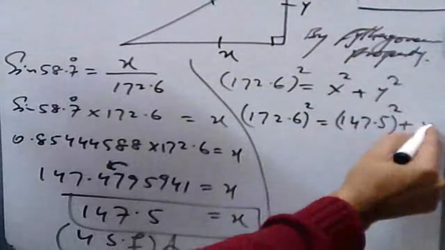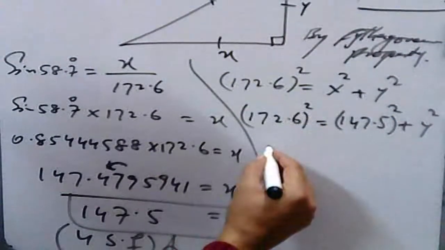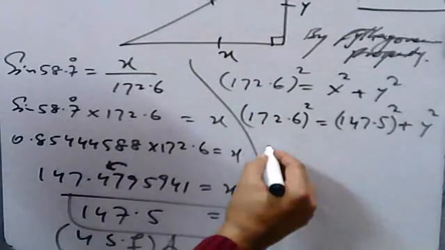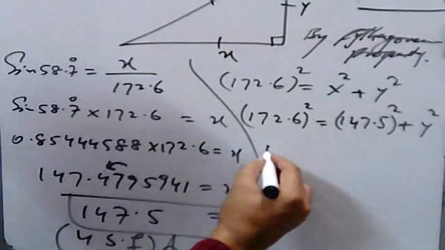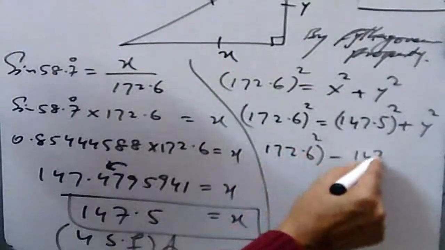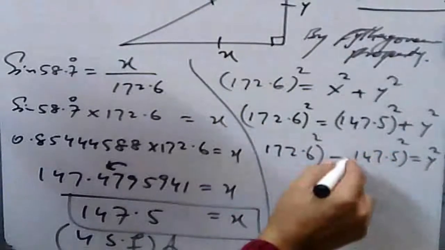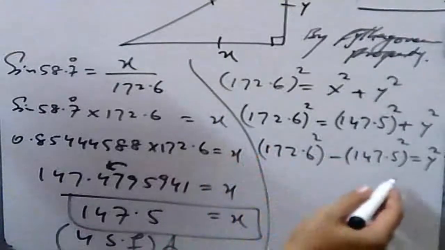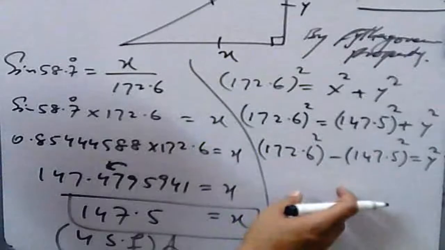Just now you have calculated, that is 147.5 square plus y square, but we need the value of y square, so shift here. After shifting you can see that it is 172.6 square minus 147.5 square, you will get y square. So after shifting you will get this.